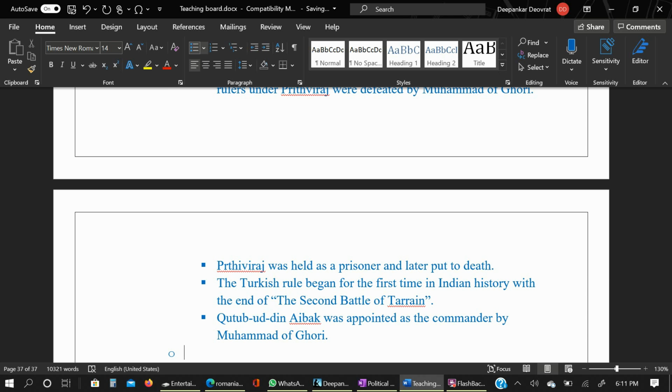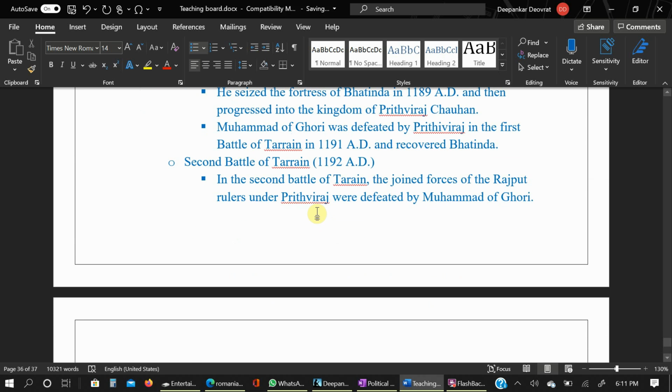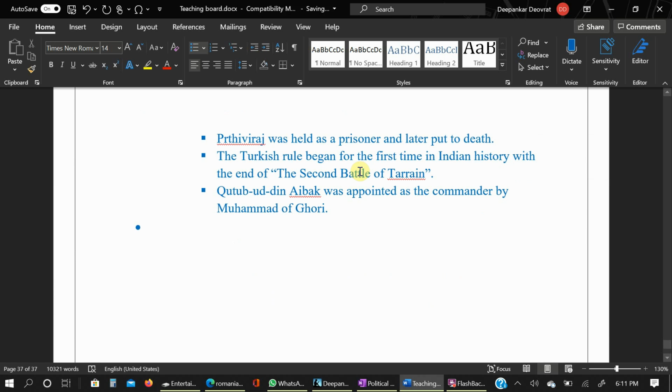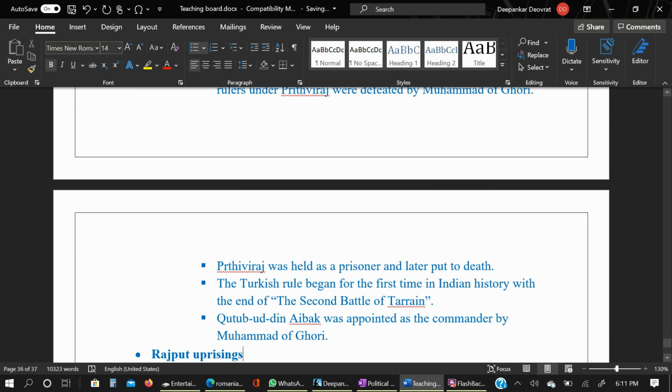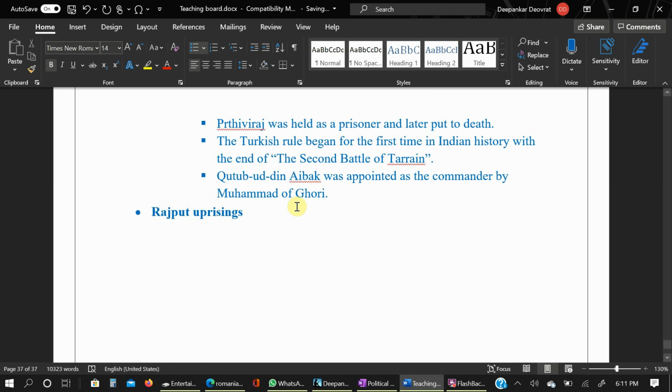Okay, then after that Rajput uprisings happened. There were many Rajput mutinies between 1193 and 1198 AD.